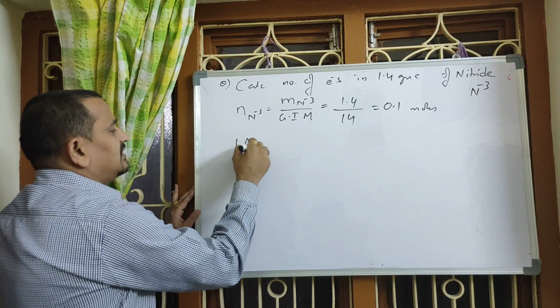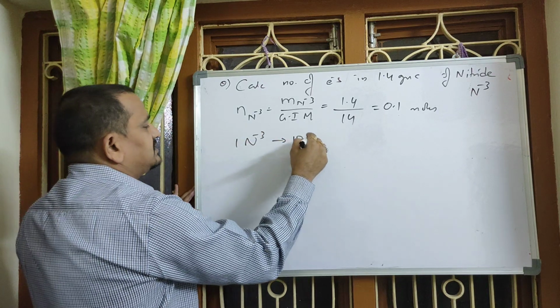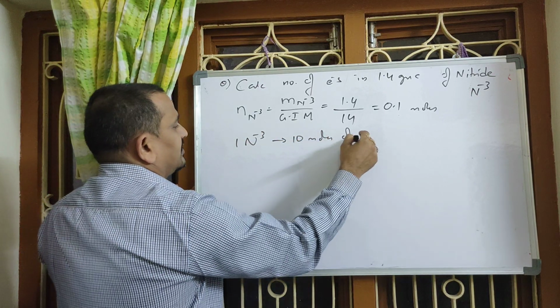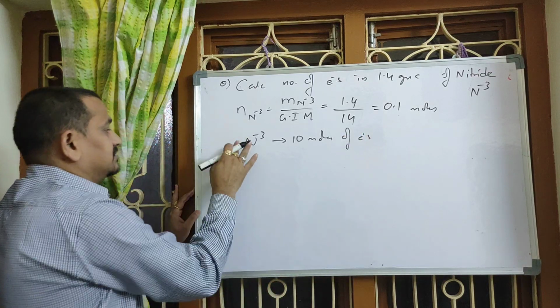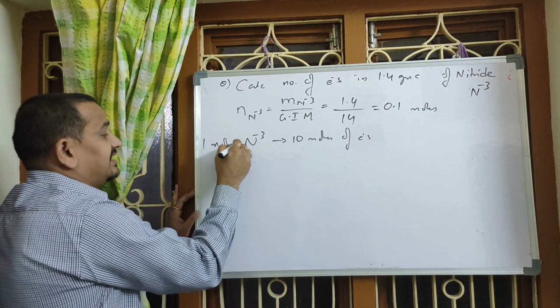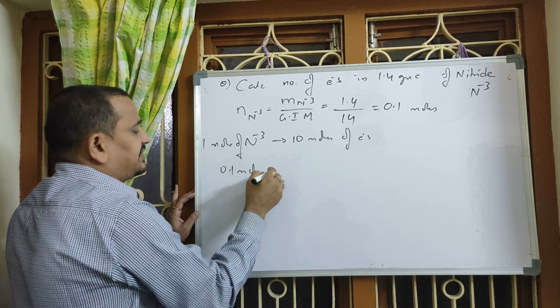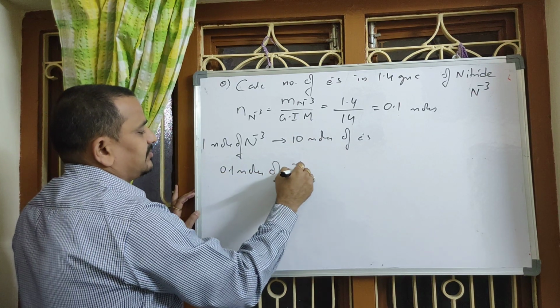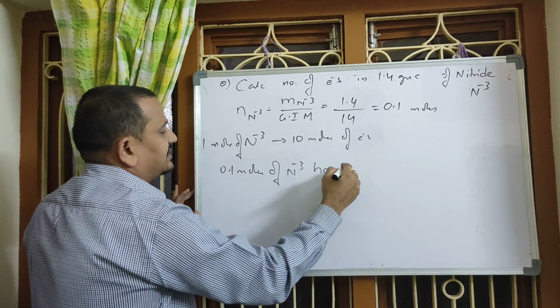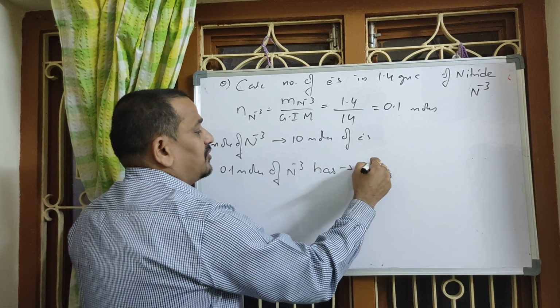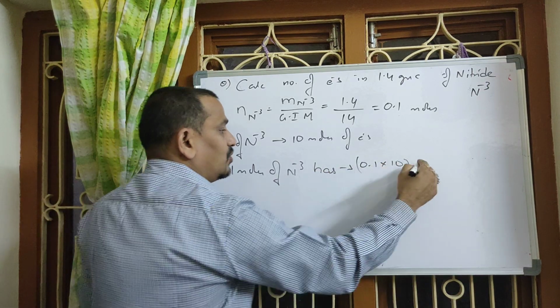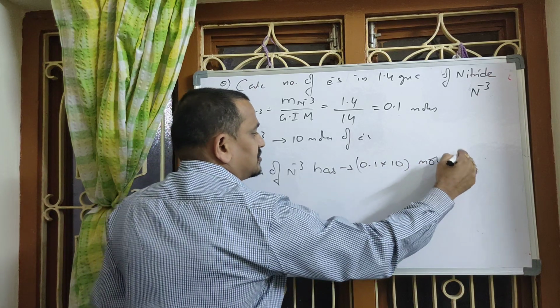Then 1 mole of nitride has 10 moles of electrons. We just solved that in the previous question. Then 0.1 moles of nitride has how many moles? 0.1 into 10 moles of electrons.